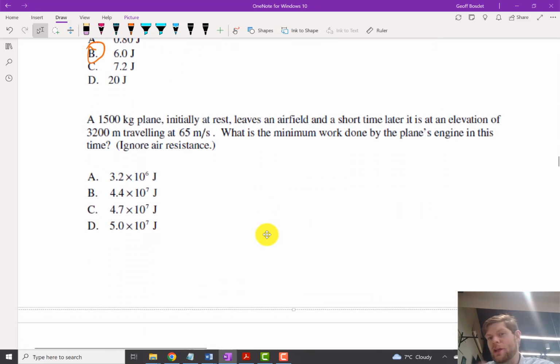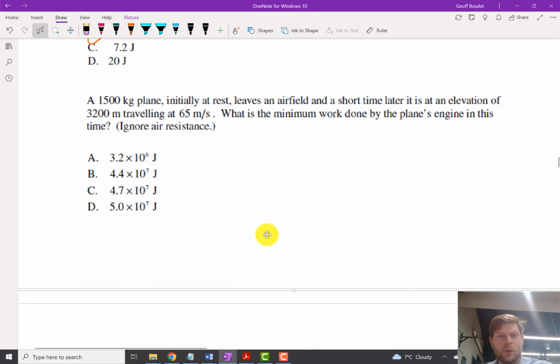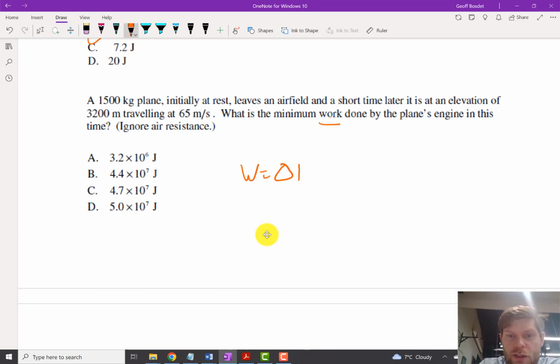And then on to the next guy. We got a very similar question to the 2 before now. Same kind of deal, except it's work this time. So it's just work is change in energy, which in this case, we've got another plane which got higher and faster.